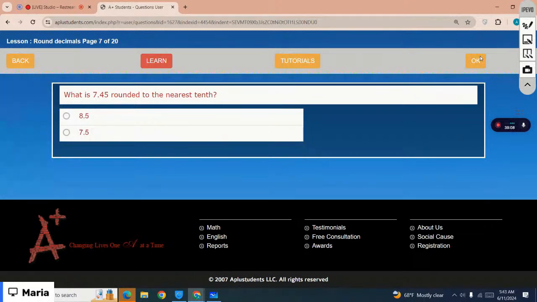What is 7.45 rounded to the nearest tenth? The correct option is, yes, 7.5 is the correct option.